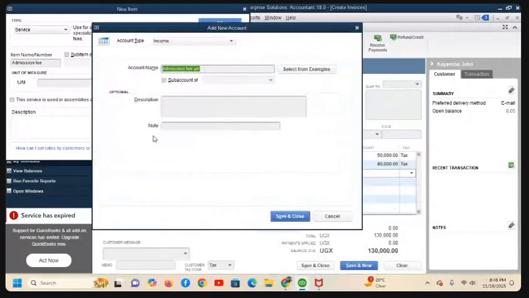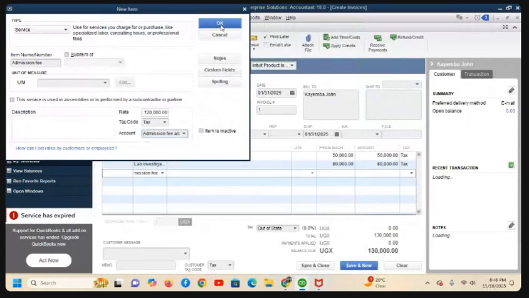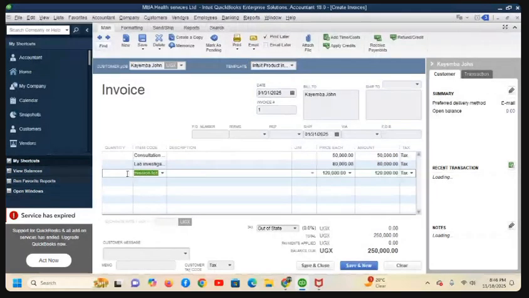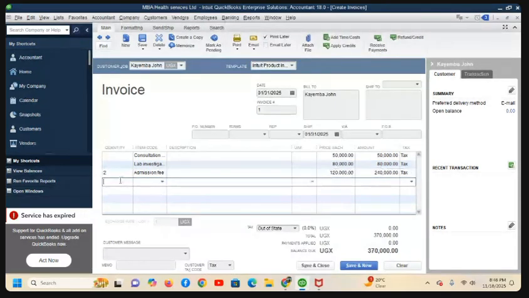It is an income account. So she charges 120 per day. So how many days was he there? We assume that he was there for two days, isn't it? I put here 2, the system multiplies it, it becomes 240. You've seen it here. Yes, the moment I put the quantity.